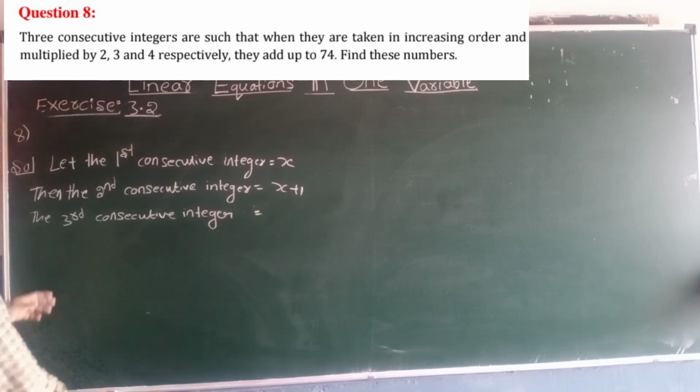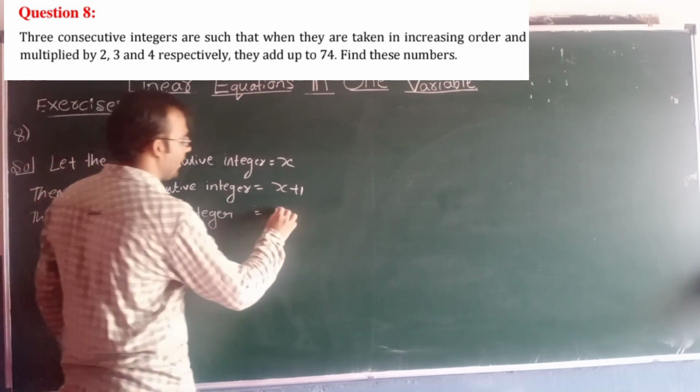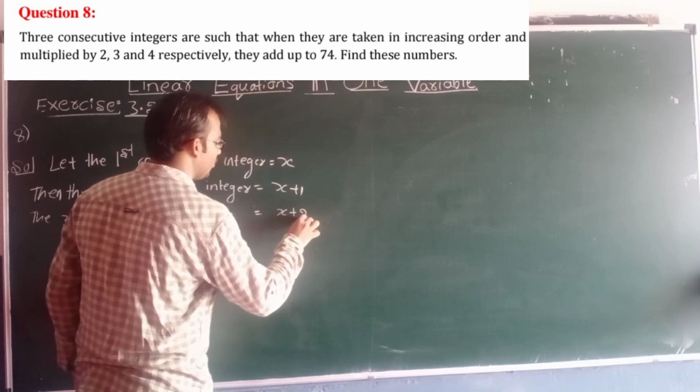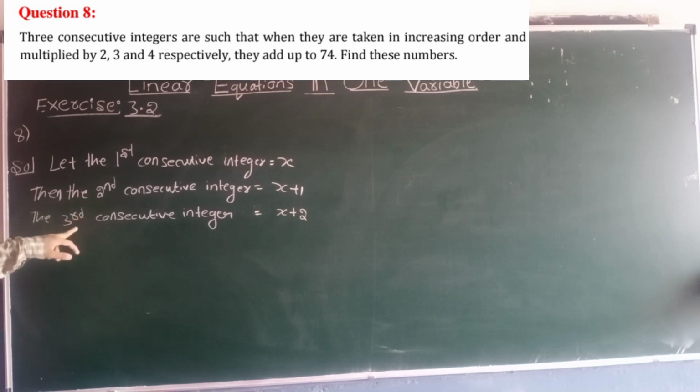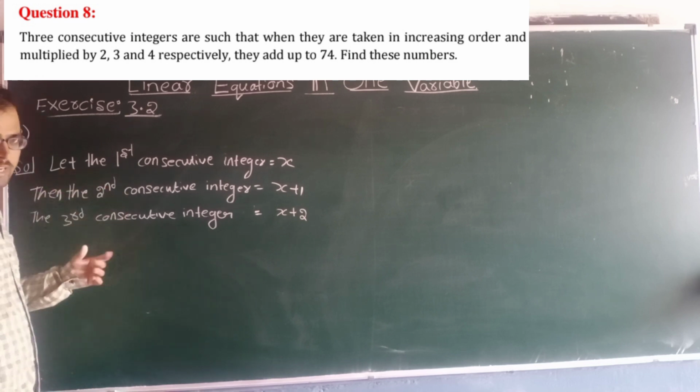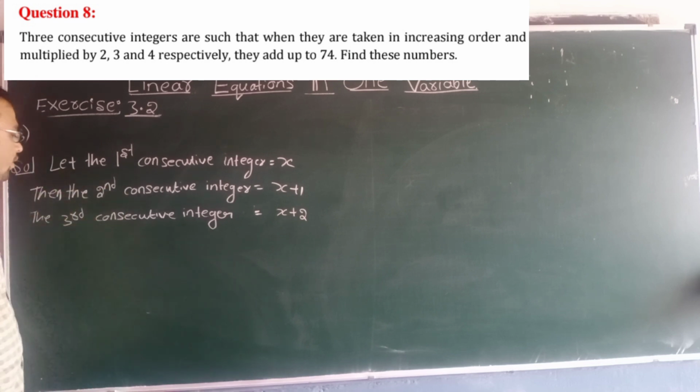The third consecutive integer equals x plus 2. So the first consecutive integer is x, the second is x plus 1, the third is x plus 2. Now we need to multiply these three consecutive integers with 2, 3 and 4.